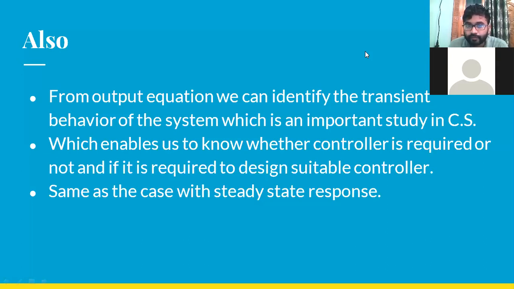Its value is 1. It means my output should have its final value as 1. If it is not 1, if it is 0.9 or 1.1, then we can say that there is a steady state error, and a suitable controller needs to be designed accordingly.